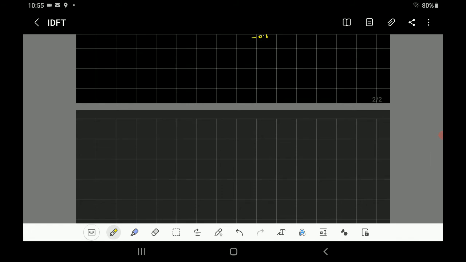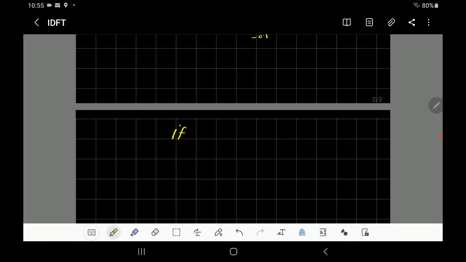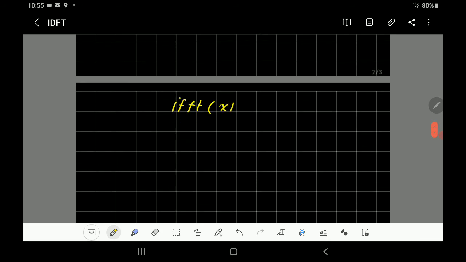You can use MATLAB. You remember last time we said to find the discrete Fourier transform, use the function FFT. Same thing, if you want to find the inverse, just use IFFT. Come to the command line and write your capital X that was given in this problem: 0, i, 0, minus i, semicolon.